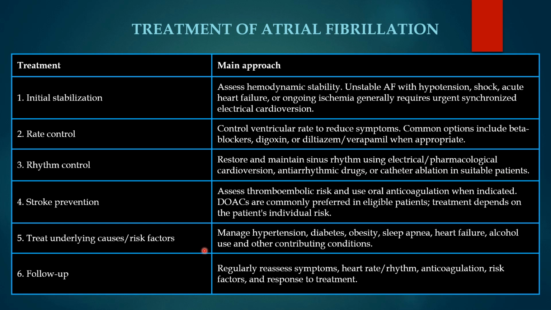Manage hypertension, diabetes, obesity, sleep apnea, heart failure, alcohol use, and other contributing conditions. Follow-up is mandatory. Regularly reassess symptoms, heart rate, rhythm, anticoagulation, risk factors, and response to treatment.